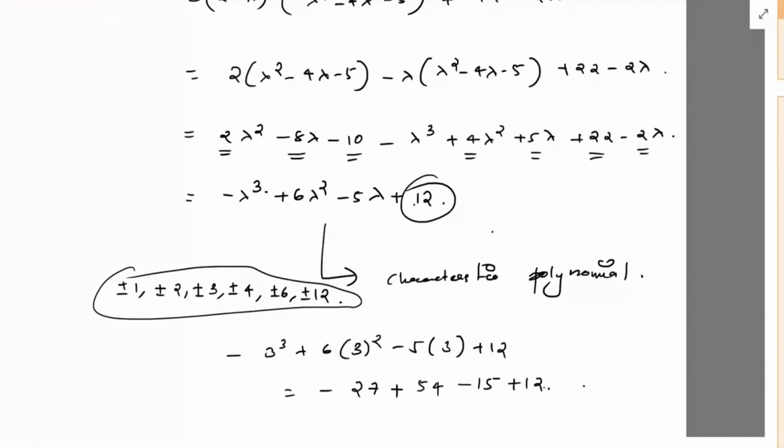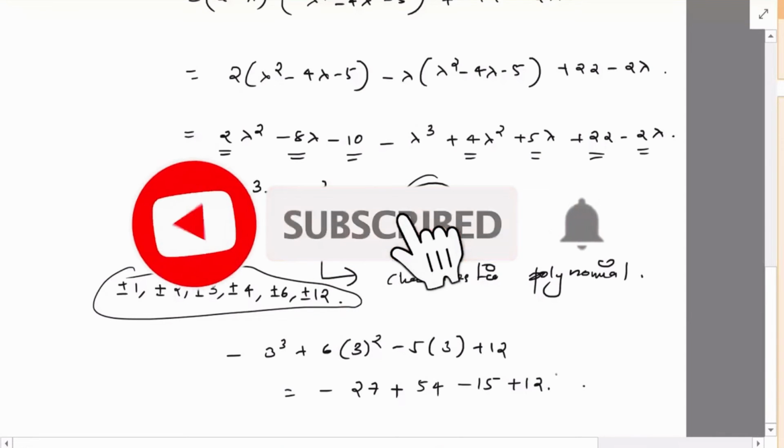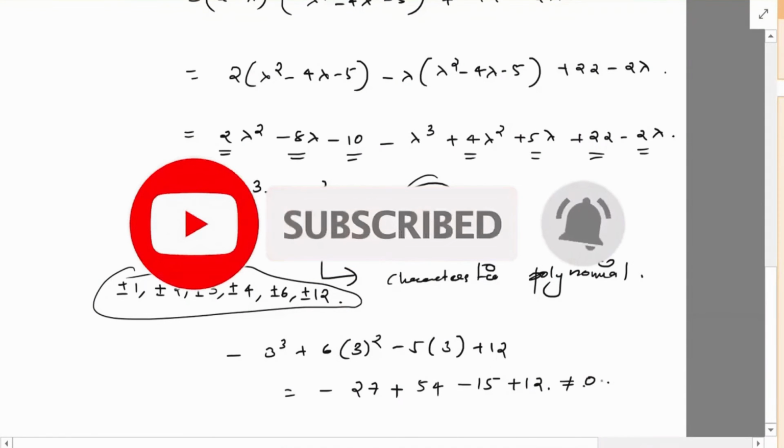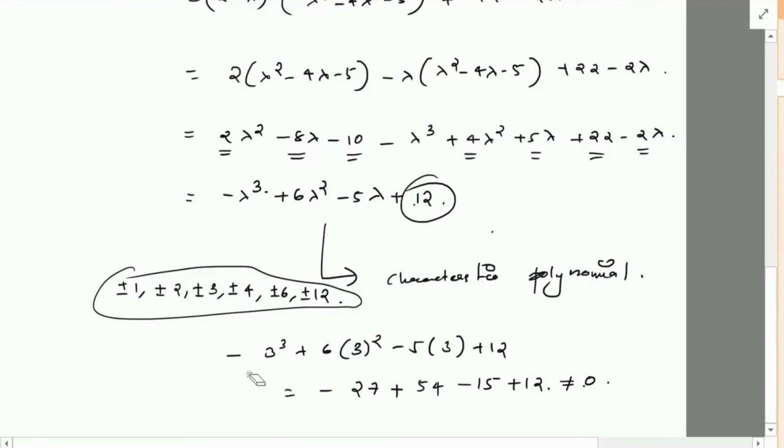Which is also not equal to 0. So 3 is not a root. What about minus 3?